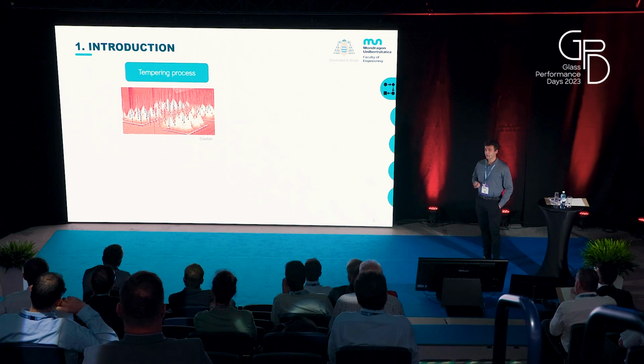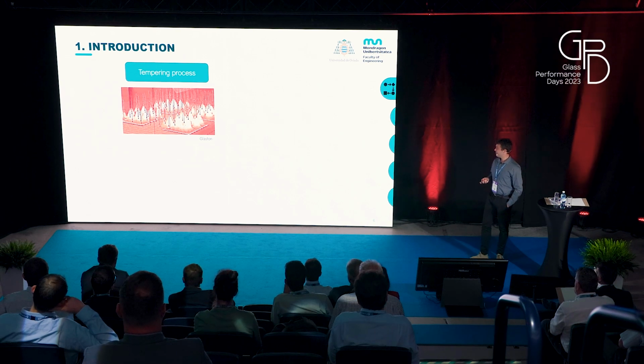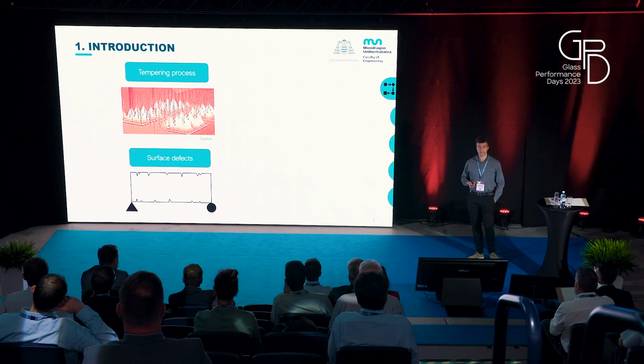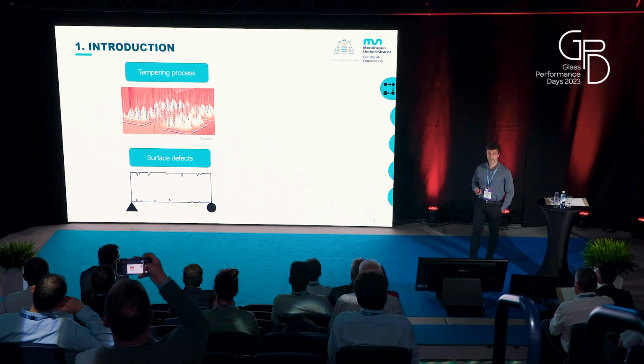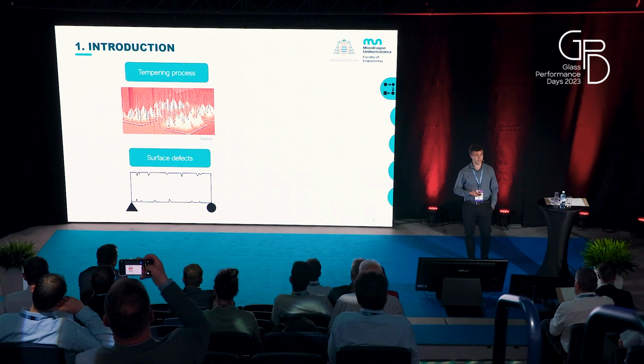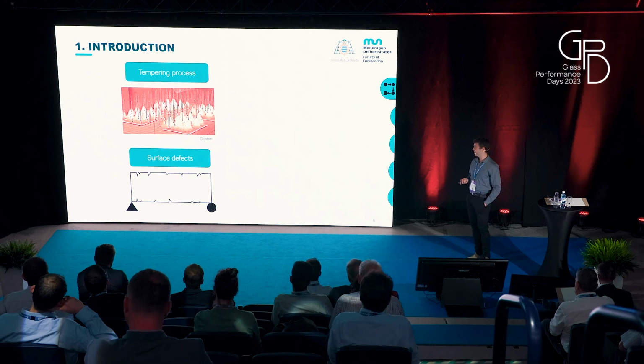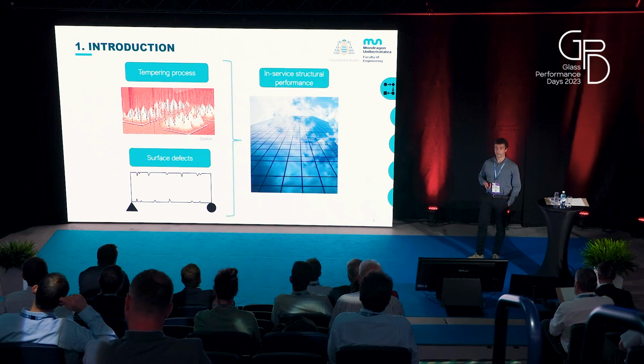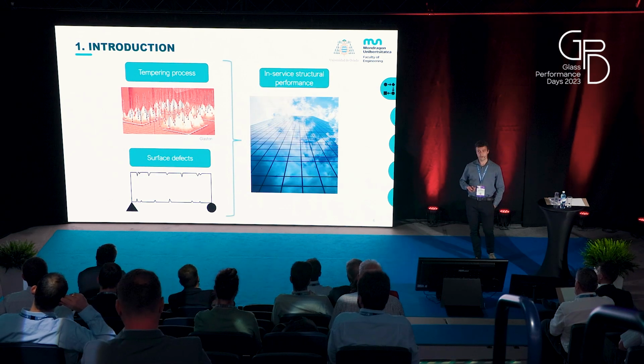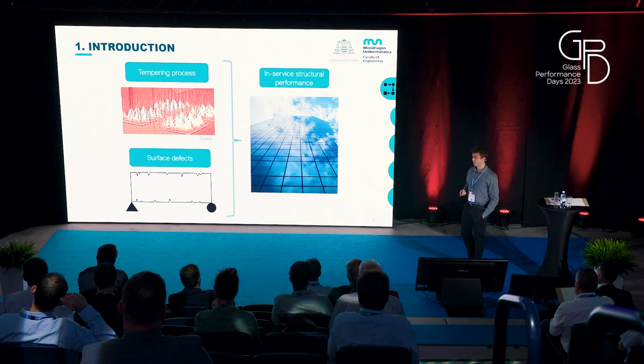Apart from the tempering process, we have to bear in mind the surface defects of glass. These surface defects are developed unintentionally during the manufacturing or usage of glass, and both aspects need to be considered when assessing the in-service behavior of structural components of glass.